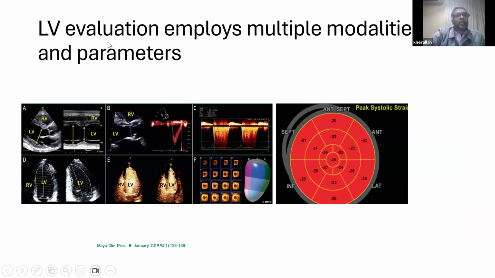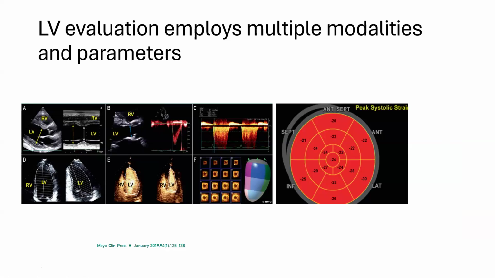Now, how do we evaluate the LV in echo? I remind you that echo is one modality we have. We also have angiogram, nuclear, CT, and MRI, in all of which we can evaluate LV volumes and LV ejection fraction. But echo is, and still is, and probably is going to be, the cornerstone and the first line of diagnostics as to LV function.